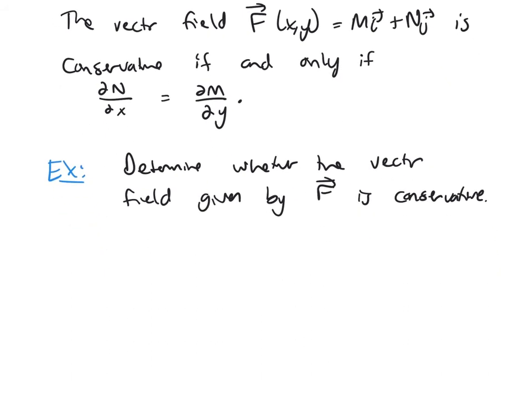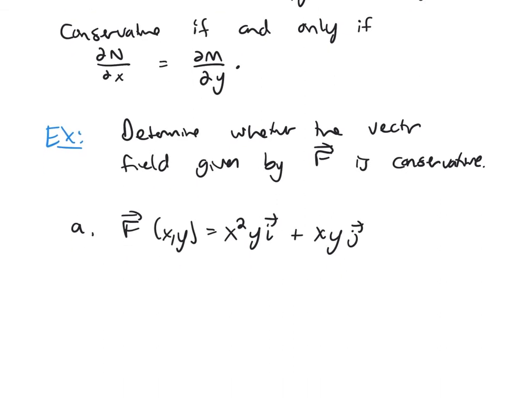So part A, the vector field is going to be x squared yi plus xyj. So you're going to start with, this right here is m, this right here is n.